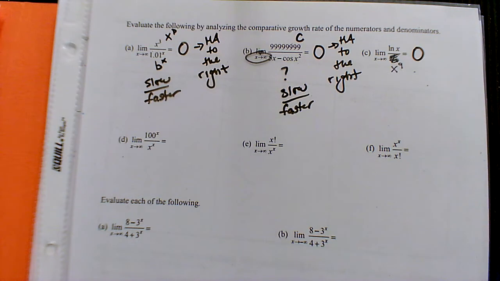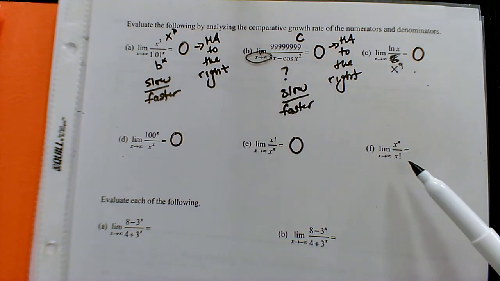Which one's growing faster? The bottom. X to the x is the fastest growing one, so in this case it doesn't really matter what's up top. We'd still be approaching 0 to the right. What about E? What's growing faster? Bottom, so we got 0 again.